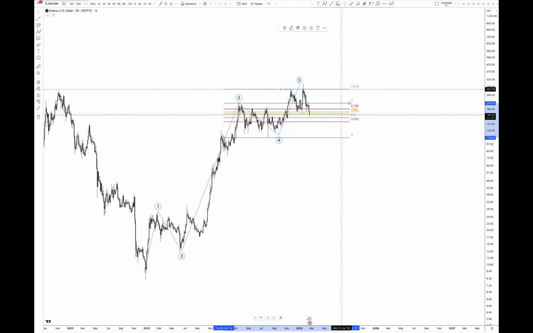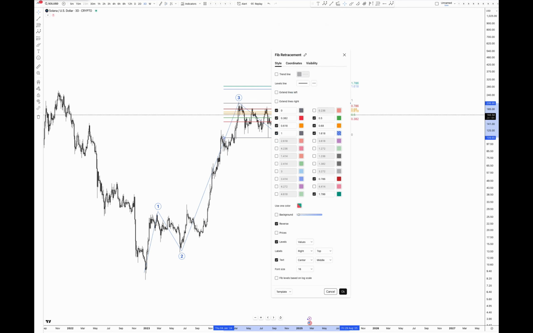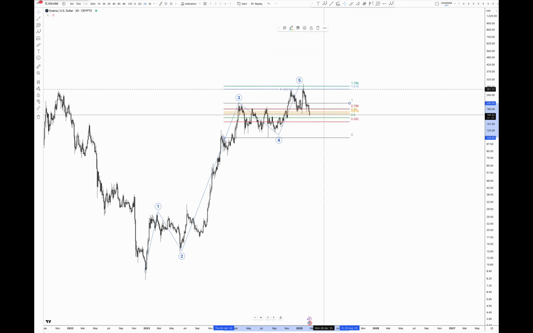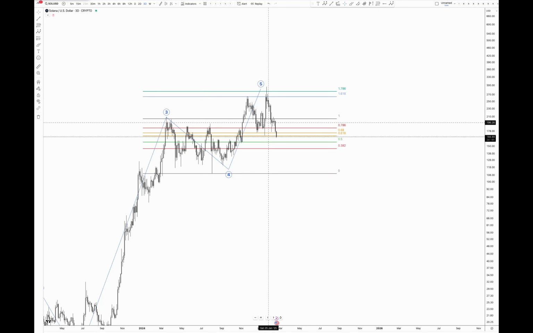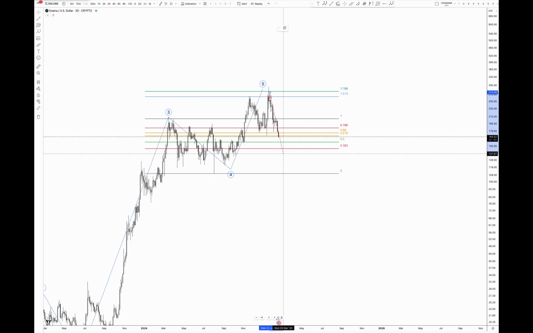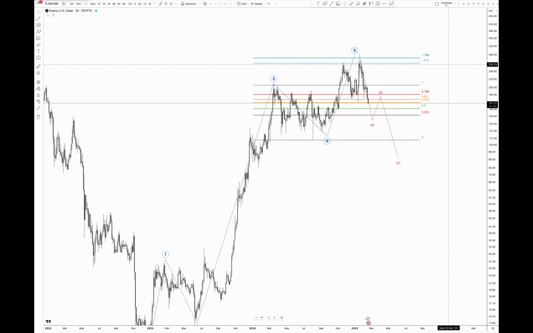And I'll usually use a 1.786 as well. And there you go. So you can tweak this a little bit with that, and look at that. This was a golden ratio right there. That's why we're getting a bit of a pullback. We might just play this out with an A, B, and a C, and then still continue on. I'm not hopeful at this point.